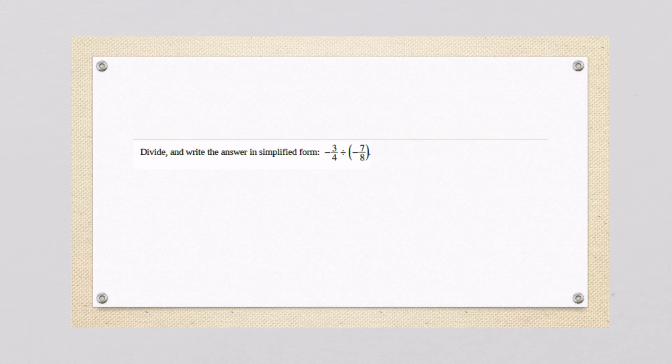Okay, for this problem right here, we're going to be looking at negative 3/4 divided by negative 7/8. Remember, in fraction division, you keep your first one. Didn't change that at all. I do change my sign to multiplication, and I flip-flop my second one. Notice I kept the negative sign.